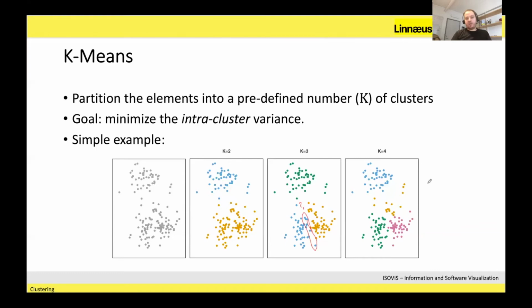And then when you go to K equals 4, this problem becomes even worse, right? Then you can say, this orange cluster here, what's the point of this? These points and these points are still more or less the same as they were before. They have very similar clustering assignments. But the orange one feels forced, right?